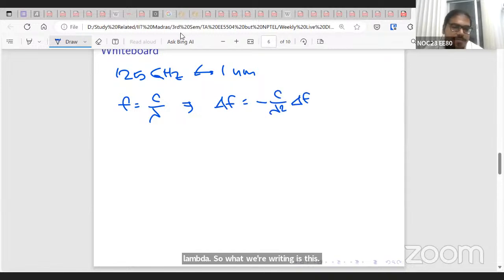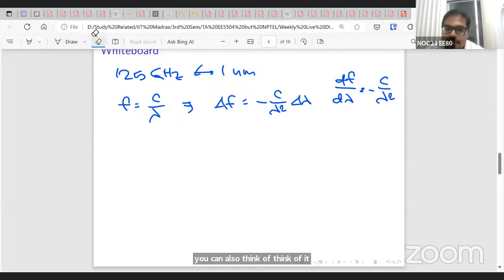But if you're confused, you can also think of it as, for small changes in frequency and wavelength, we're using just differential calculus.